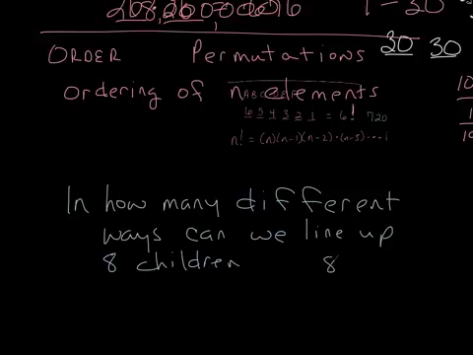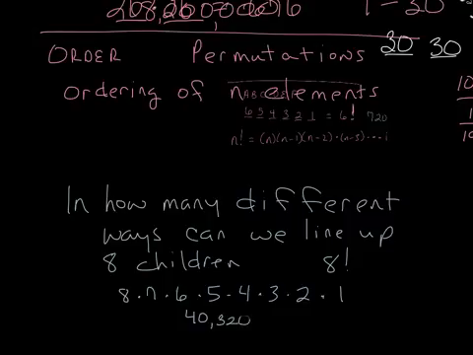Well, that's 8 factorial, or 8 possibilities for the first place, then 7, then 6, then 5, then 4, then 3, then 2, then 1. Those are the number of ways that we could line up 8 children or 8 students. So that is, anybody got it? 40,320.